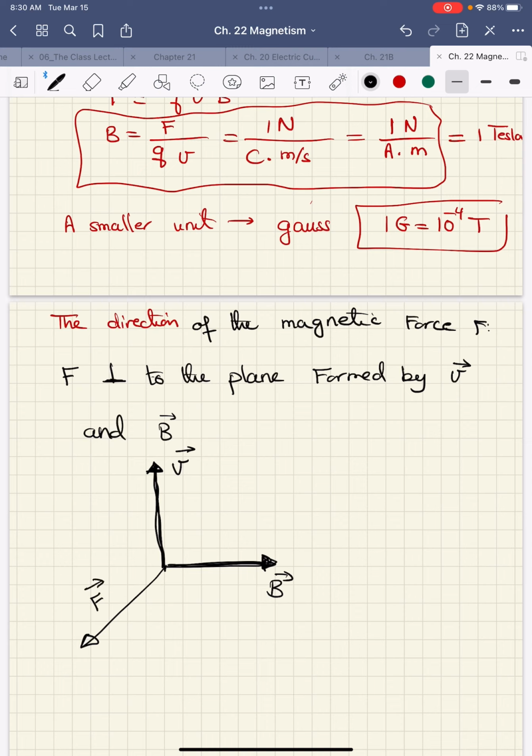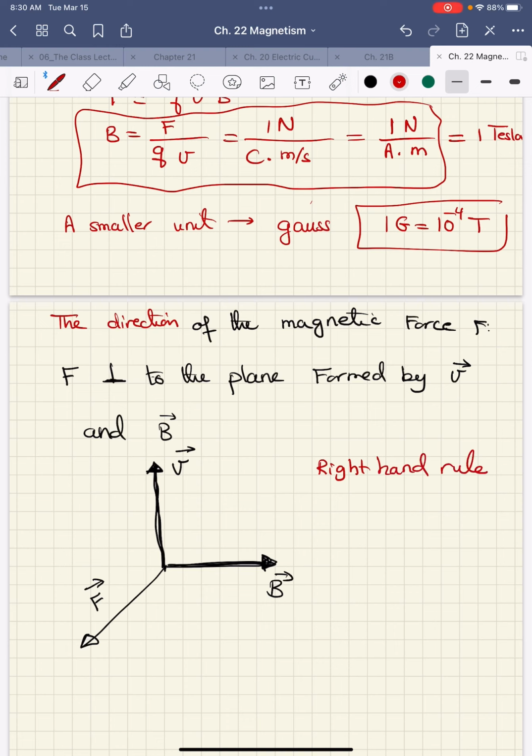Just look at the corner of the room. We can determine this using the right hand rule.